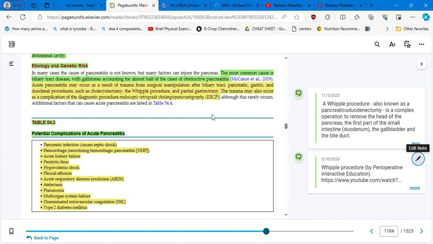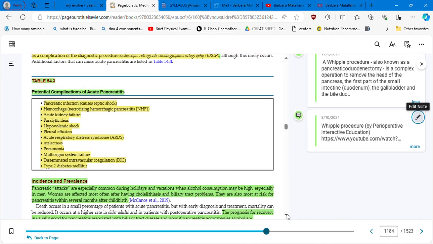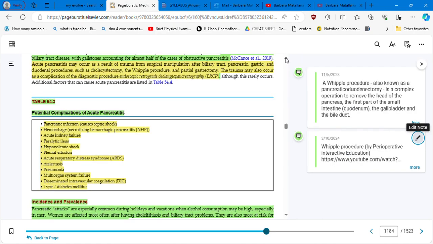Okay, so we spoke about the Whipple procedure. The trauma may also occur as a complication of the diagnostic procedure endoscopic retrograde cholangiopancreatography. Okay, we spoke about that procedure before in cholecystitis.